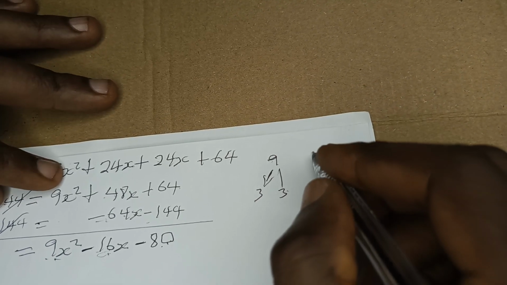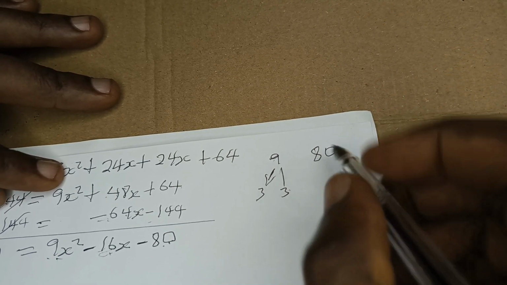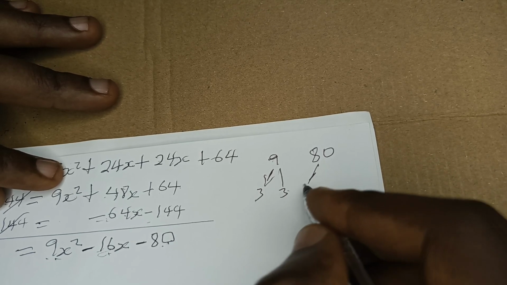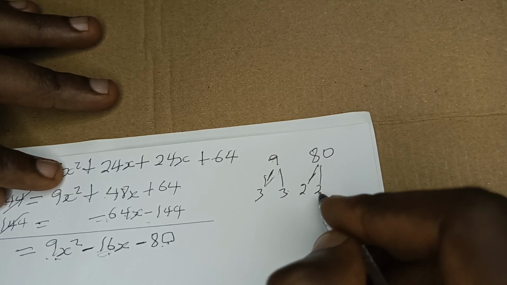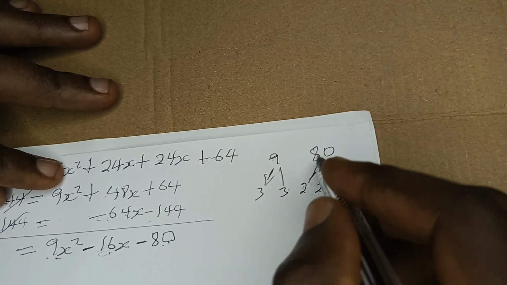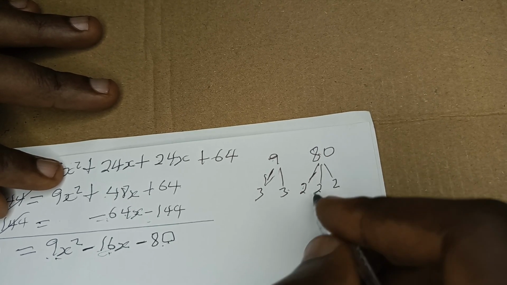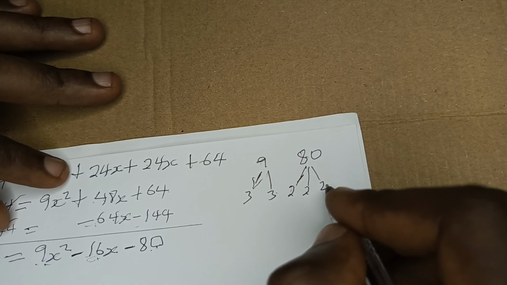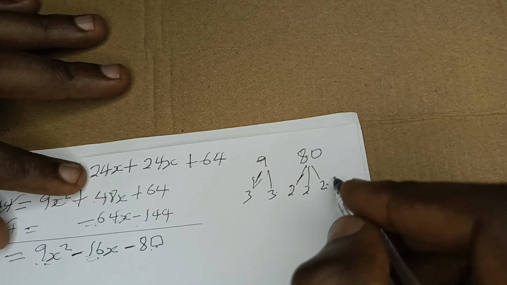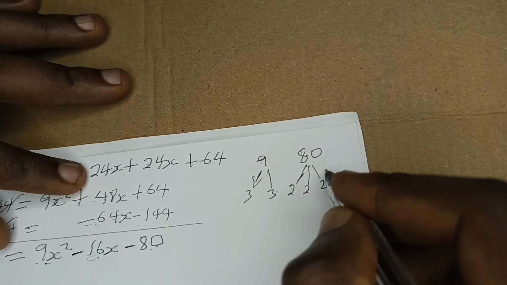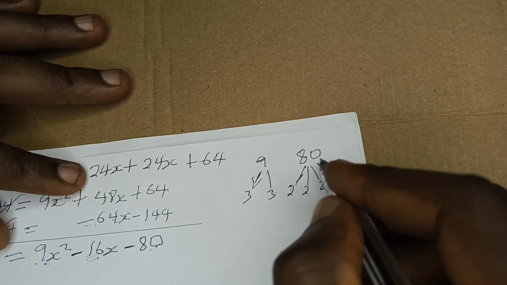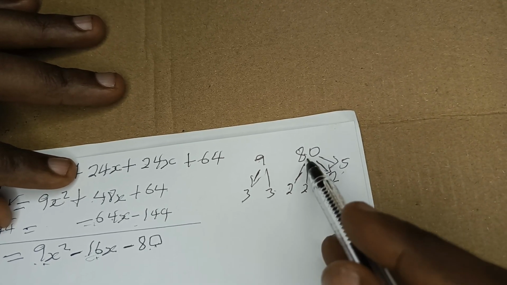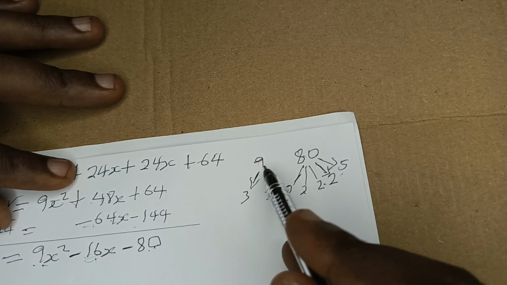And this 80, 2 in 80 gives us 40, 2 in 40 gives 20, 2 in 20 gives 10, and 2 in 10 gives us 5. So the last thing is 5. These are the prime factors of 80.